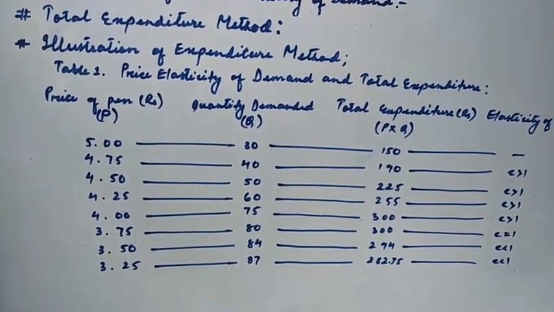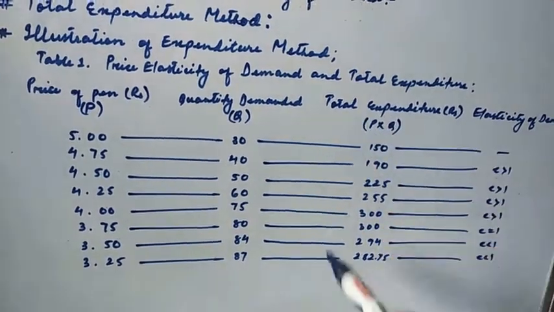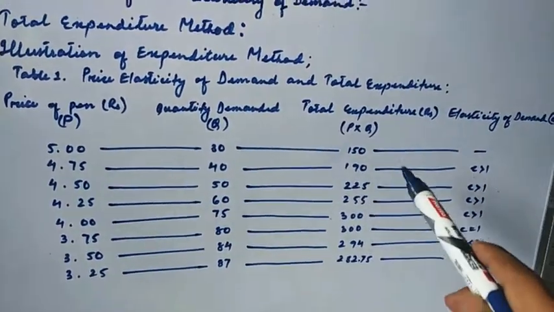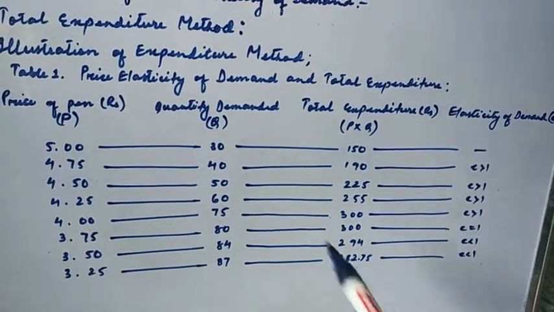We have calculated the total expenditure by multiplying the price of the pen and the quantity demanded, and we got the total expenditure.